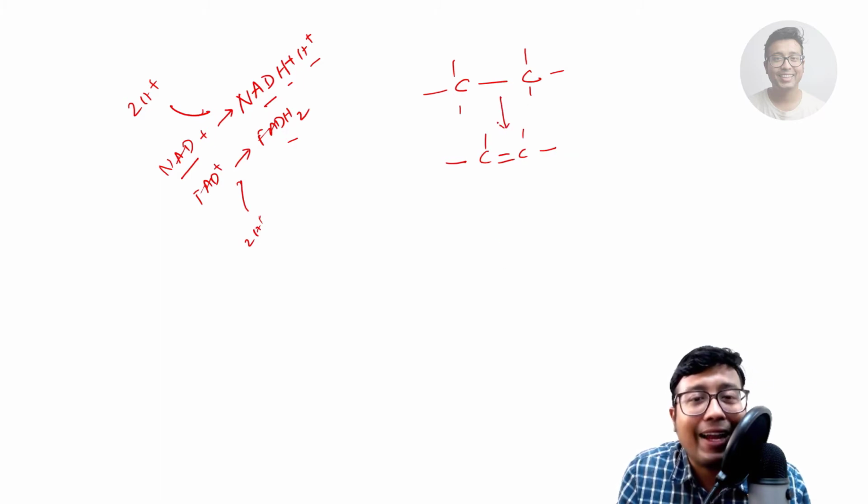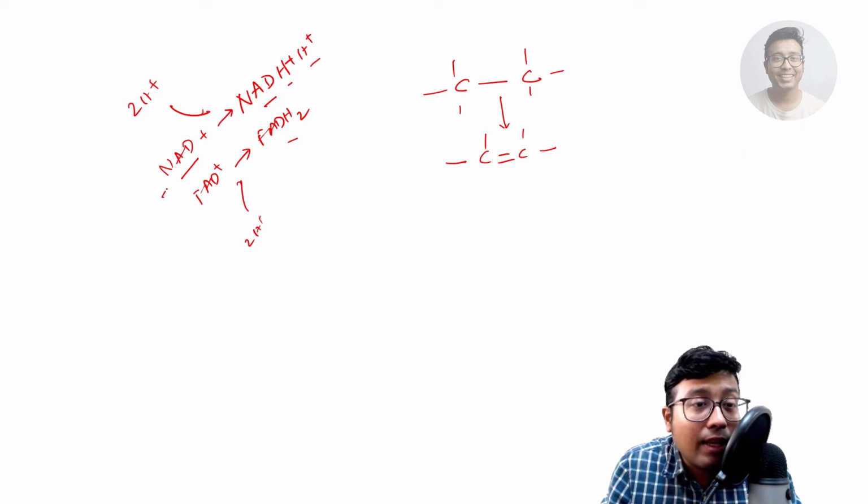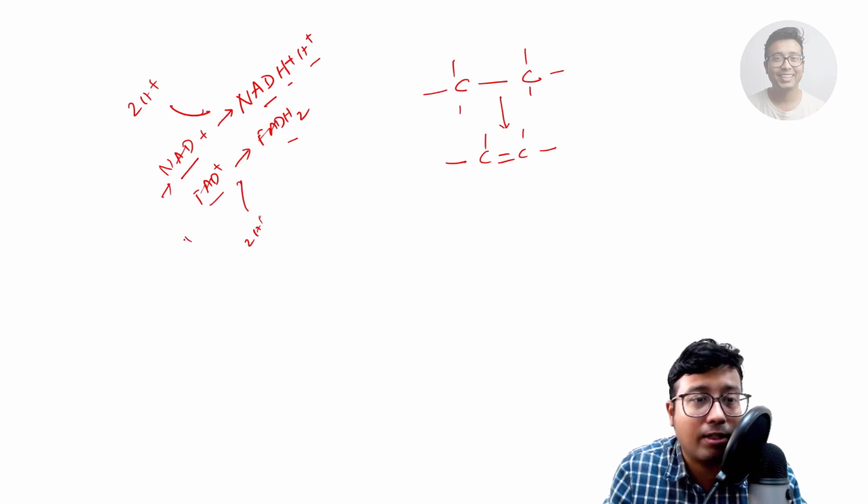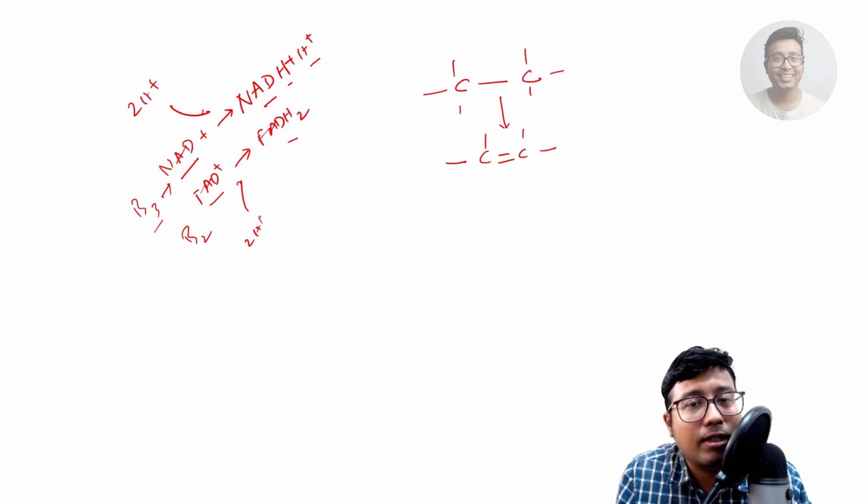So dehydrogenase means hydrogen atoms will be extracted. NAD is derived from vitamin B3, that is niacin, nicotinamide adenine dinucleotide, and flavin adenine dinucleotide is from vitamin B2. These are classes of oxidoreductase enzymes, and they are doing the same thing if you look at the end result.